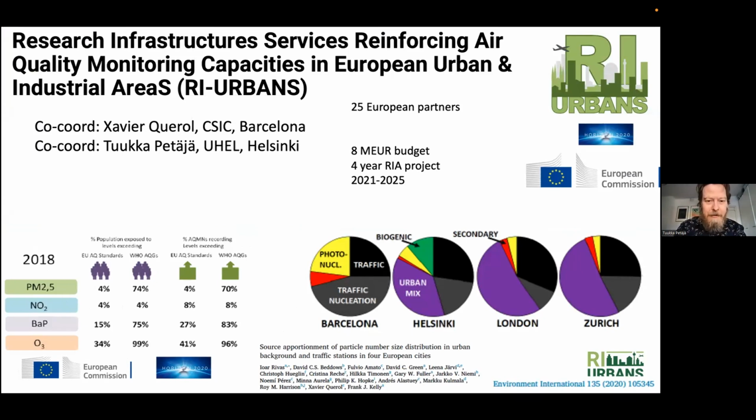Even though the air quality has improved in Europe, there's still a very big fraction of the population exposed to exceedances in air quality, and this is what we tackle in the project, and also bring to the table new observables that are relevant for health impacts, such as the ultrafine aerosol particles.